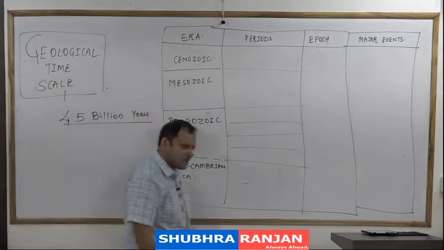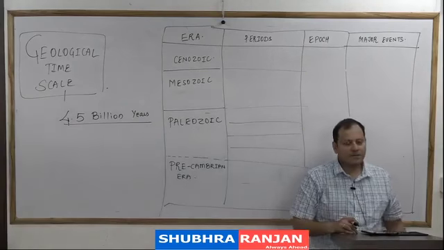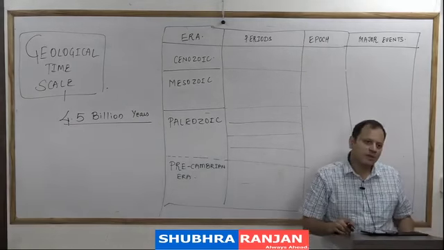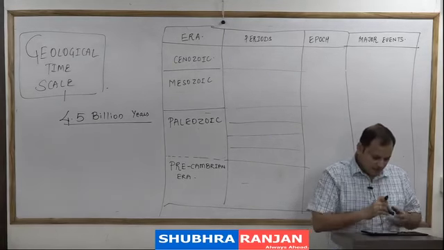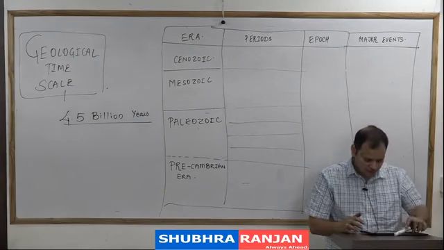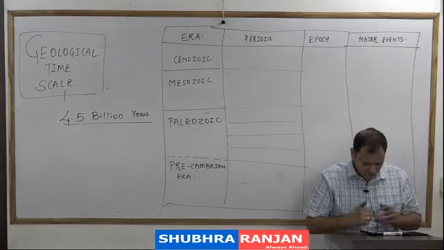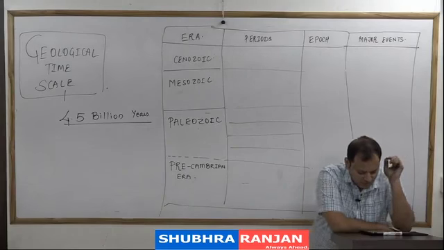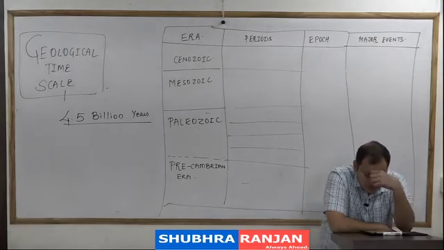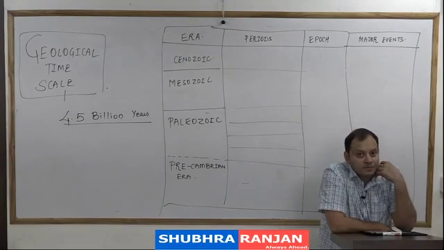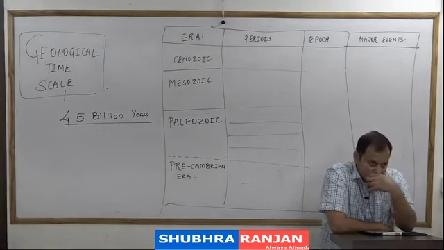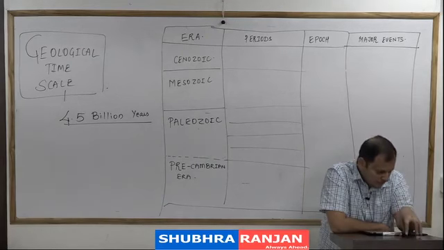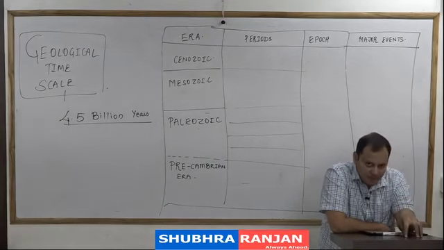When the earth was formed, it was rich in hydrogen, helium, carbon dioxide and nitrogen. But oxygen was absent.